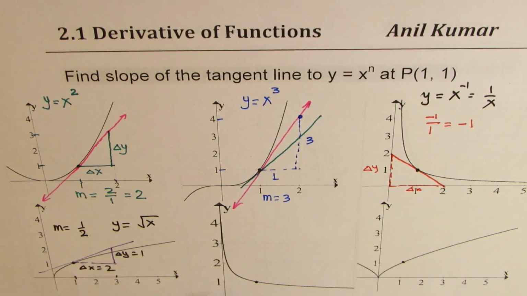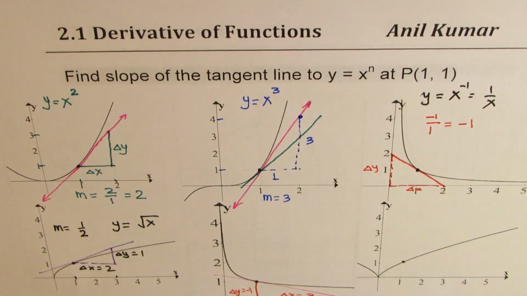Perfect. Now, in this particular case, let me draw a tangent. So what we get here is kind of like this. Okay, this is good. Now, if that's the tangent line, the change in y is negative 1, and the run is 3, correct?